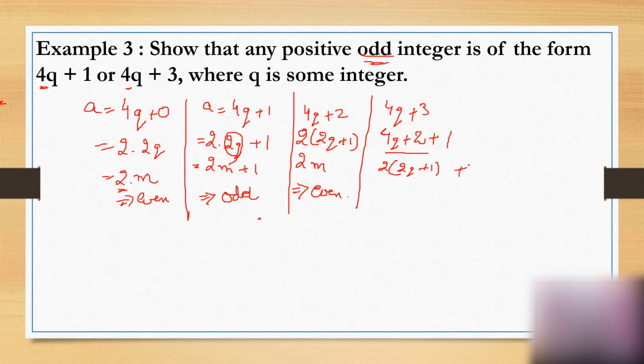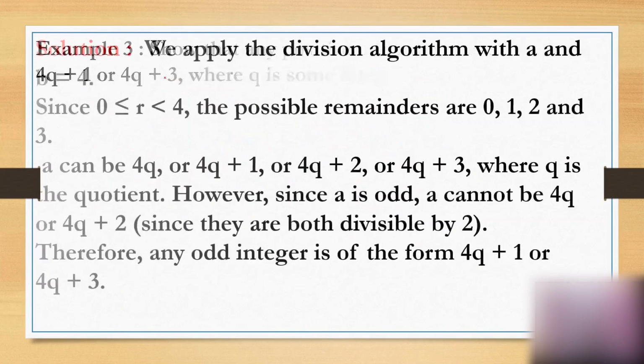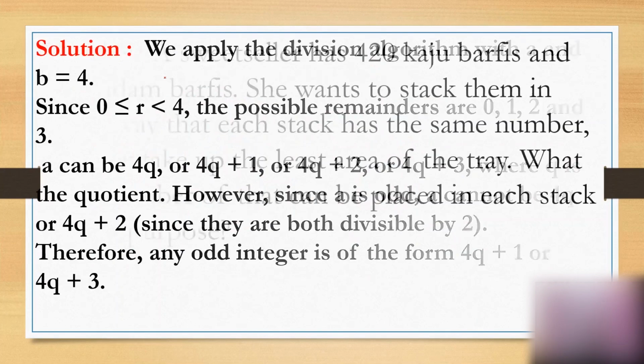Let us consider this to be 2 into something plus 1, so it is of the form 2m plus 1. When we divide it by 2, we get remainder 1, so it is an odd number. Therefore, odd numbers are of the form either 4q plus 1 or 4q plus 3. Hence, proved. You can see this proof written here also.